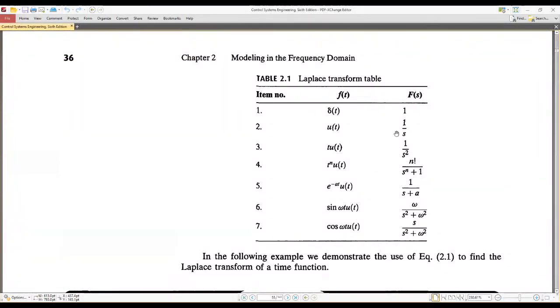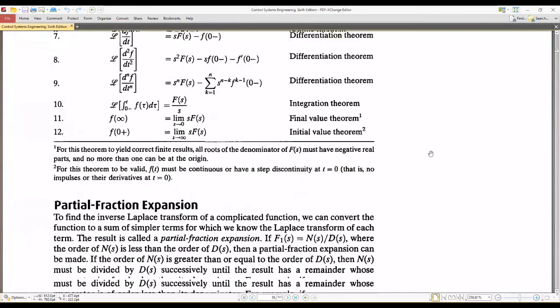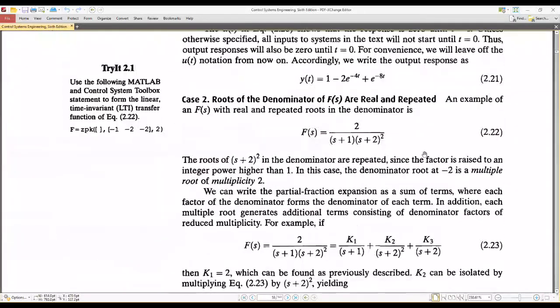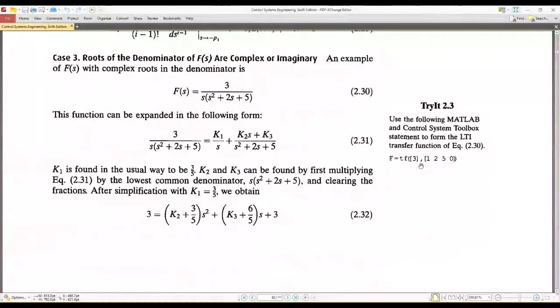See this table. 1 by s means u(t). 1 by (s plus a) means e to the power minus a t u(t). So that is the thing. That is the Laplace transform problems, this kind of problems.